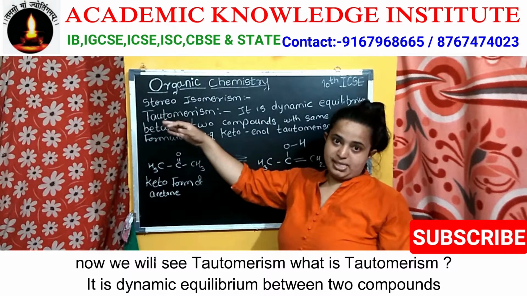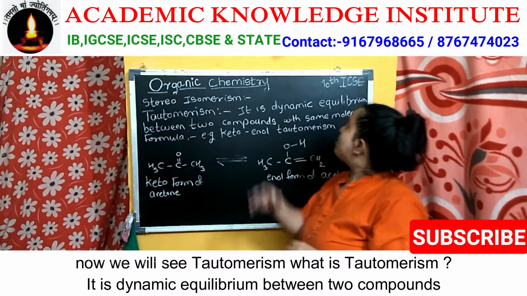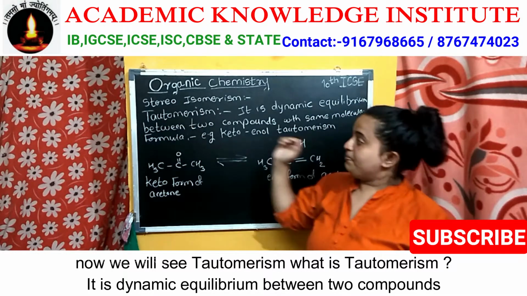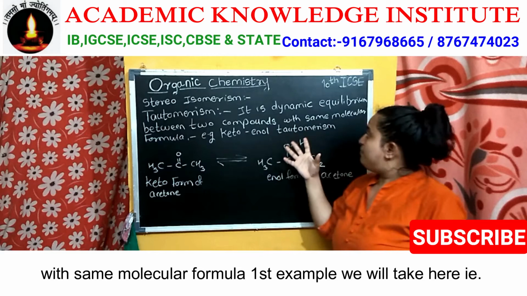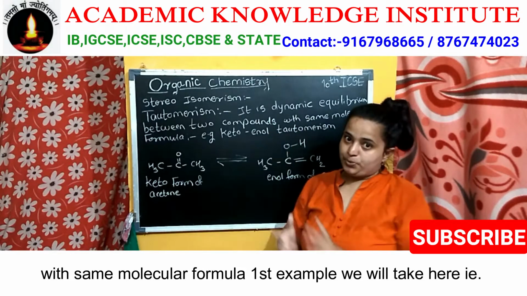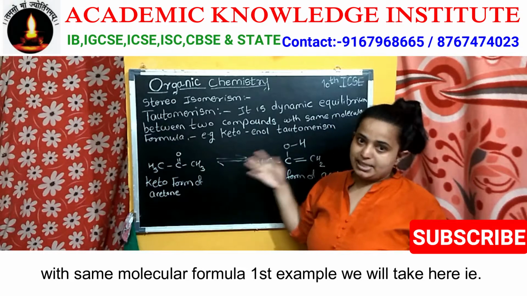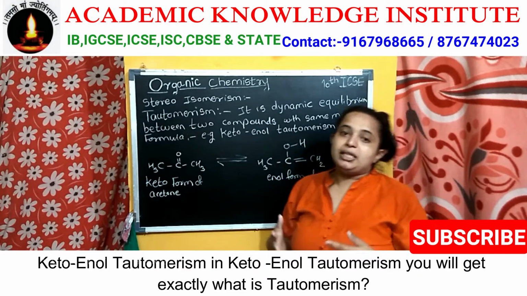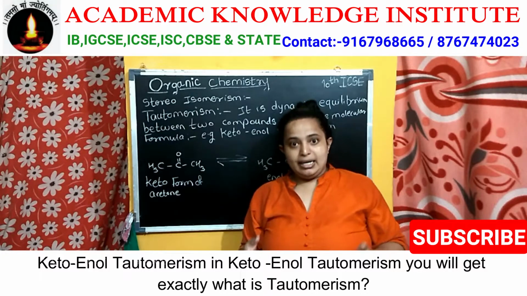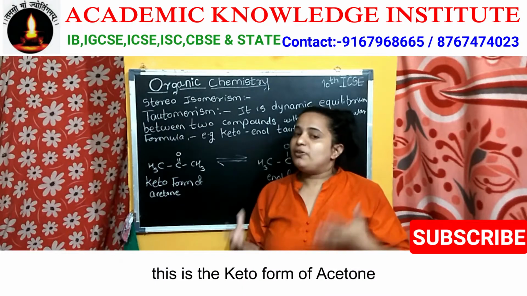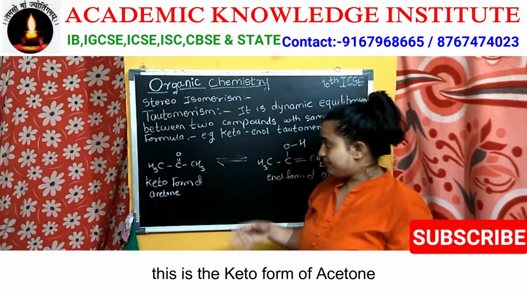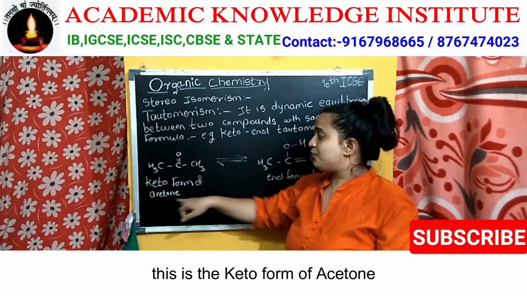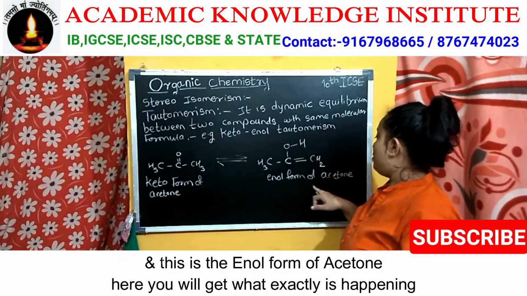Now we will see tautomerism. What is tautomerism? It is a dynamic equilibrium between two compounds with the same molecular formula. The first example we will take is keto-enol tautomerism. In keto-enol tautomerism you will see exactly what tautomerism is. This is the keto form of acetone and this is the enol form of acetone.